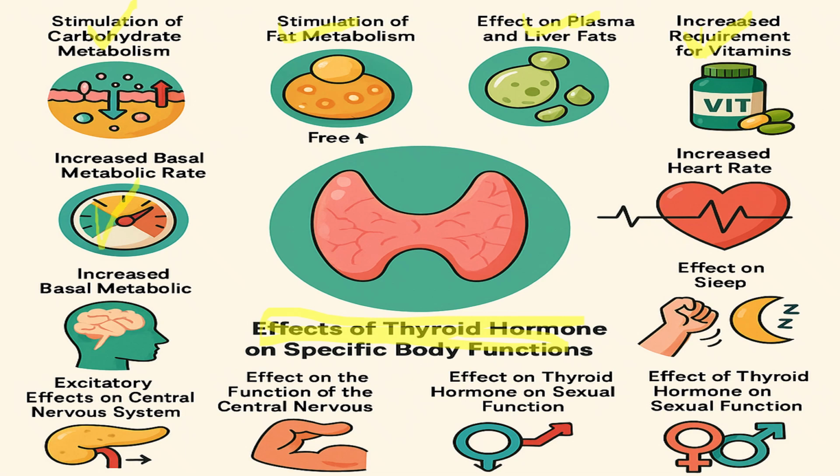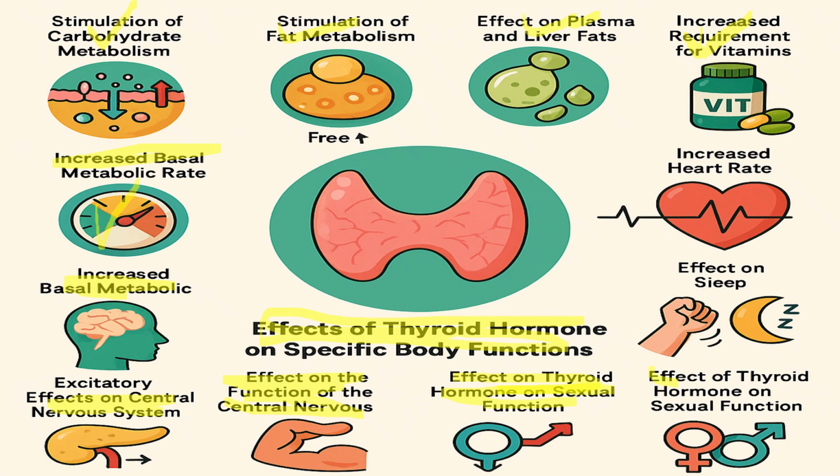So the BMR is also increased, and along with the increased BMR, the excitatory effect on the CNS and the muscle functions are also increased, and the sexual functions are disturbed by aberrations of the normal secretion.